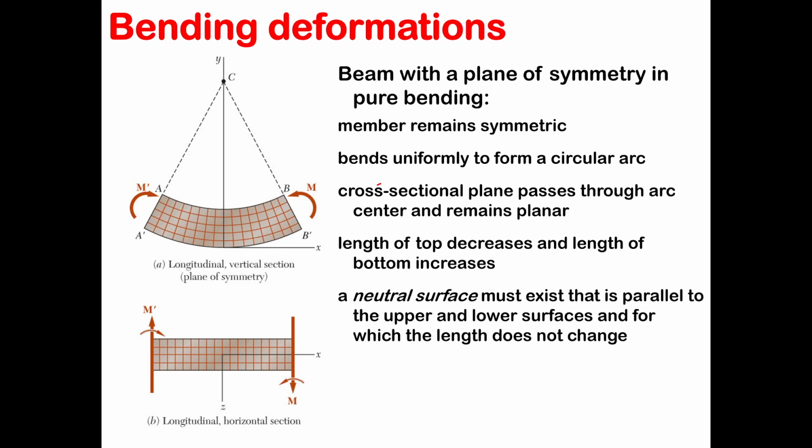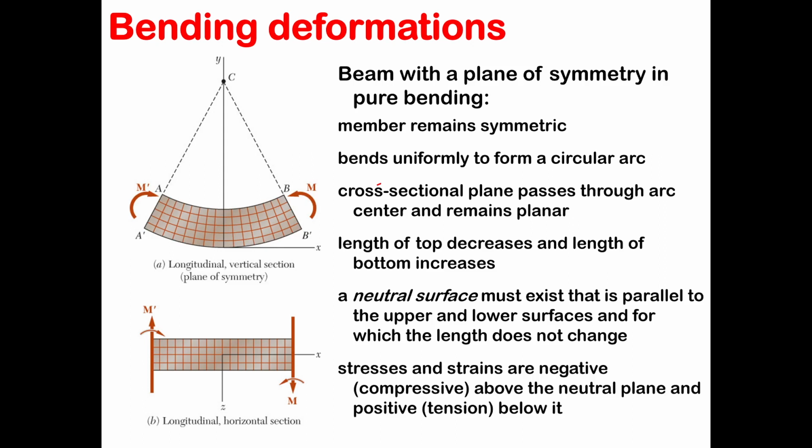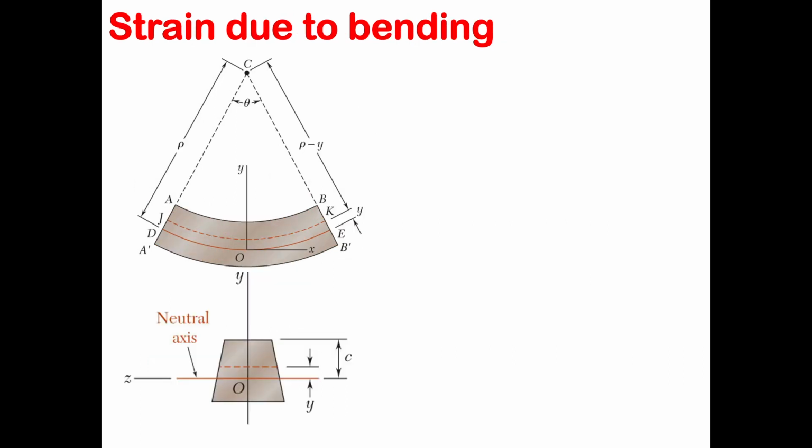So that is a very important conclusion, as you're going to see later on. And keep in mind that the stresses and strains are negative above that neutral plane and positive below that neutral plane.